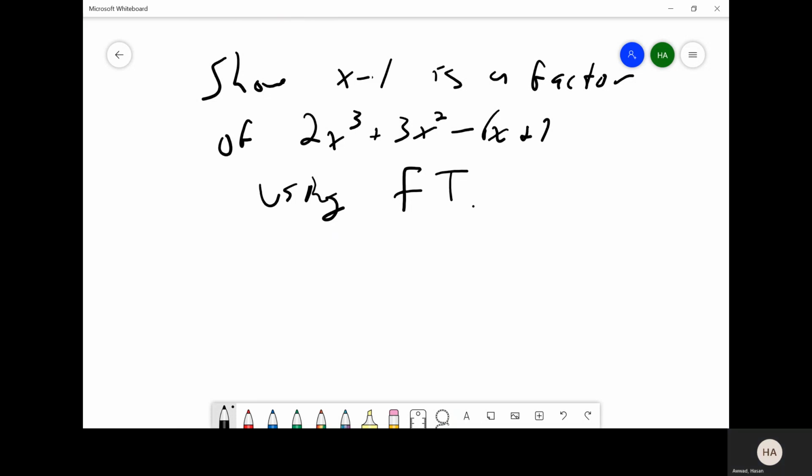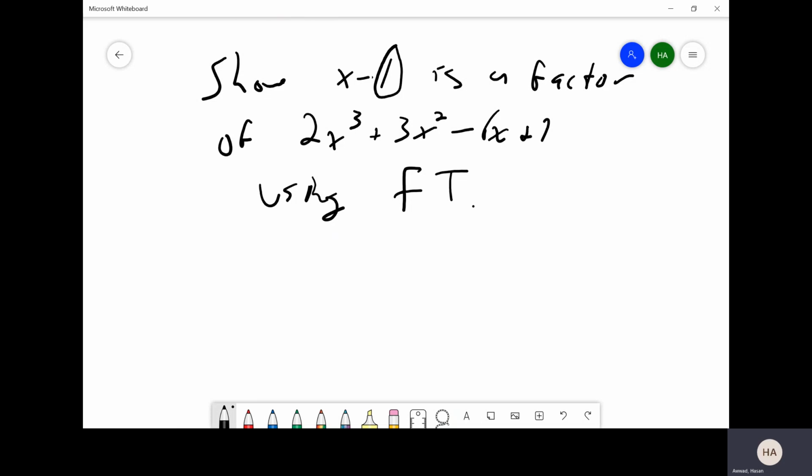Okay, so just restating this, we want to show that x minus 1 is a factor of this polynomial using factor theorem. So what do we know? By factor theorem, if the remainder is 0 when we plug in our a, and in this case, a is positive 1, because a is whatever comes after the negative sign, so if we plug 1 into our polynomial and we get a 0 back, then x minus a is a factor.